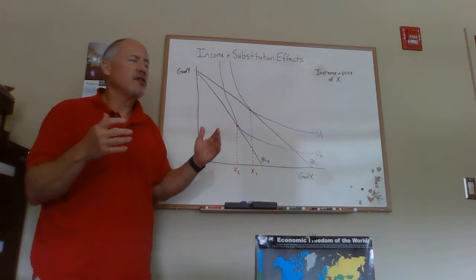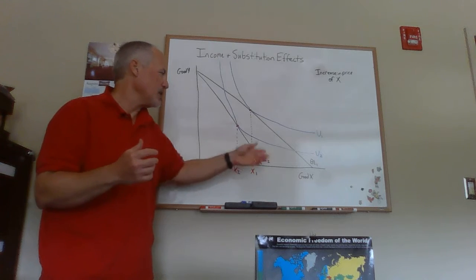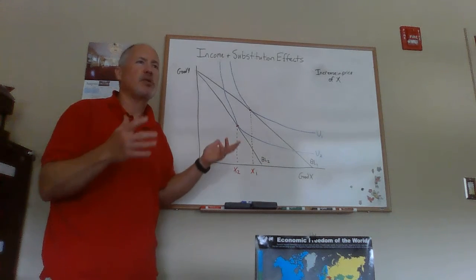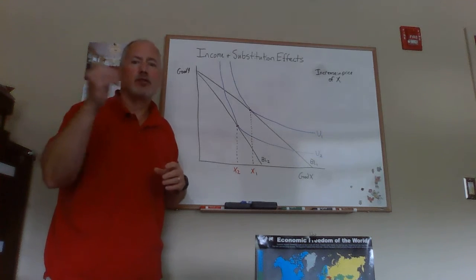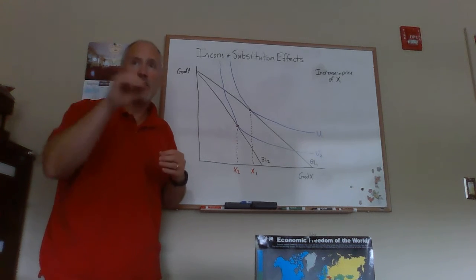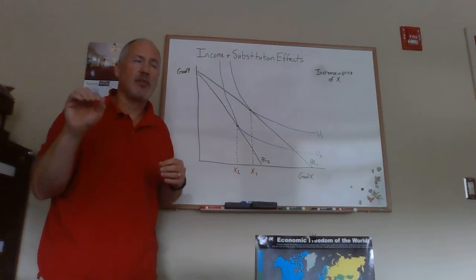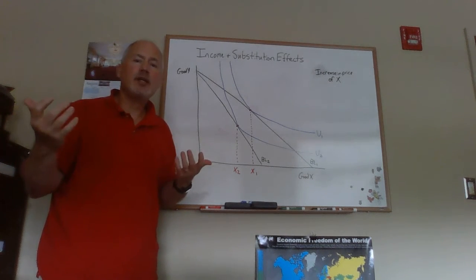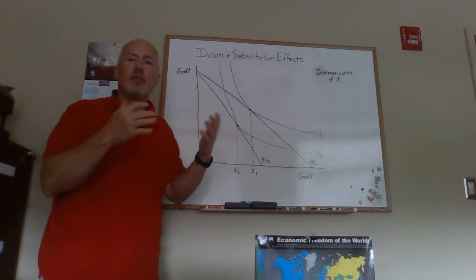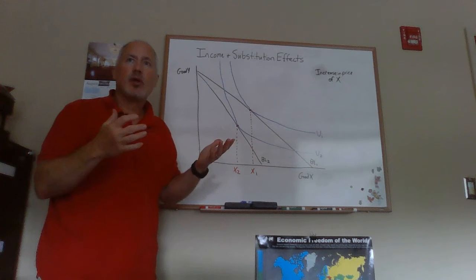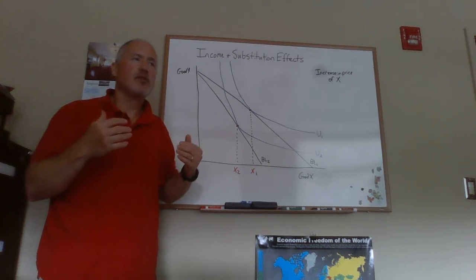Most significantly, the price index would be a function of the price of X plus the price of Y with weights on them. If the price of X goes up and there's no change in the price of Y, the price index for this simple two-good economy will be higher. Real income is your nominal income, your income in dollars, divided by the price index. So when the price index goes up, people's real incomes have gone down.